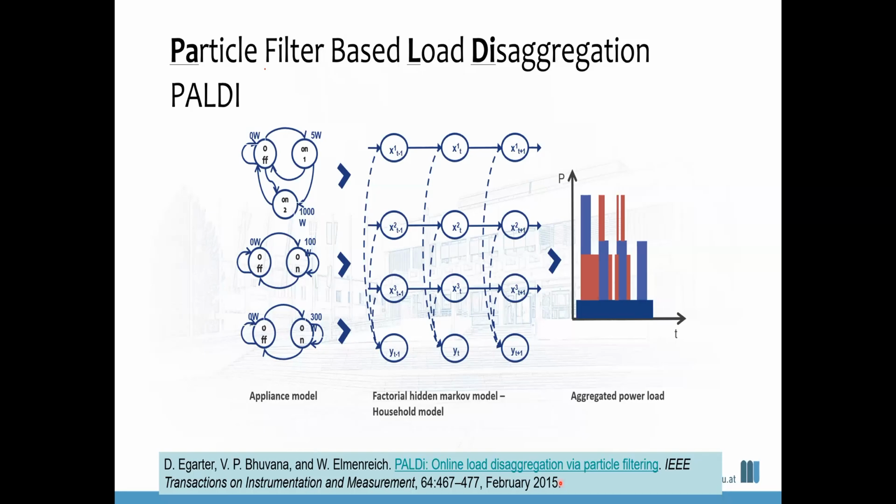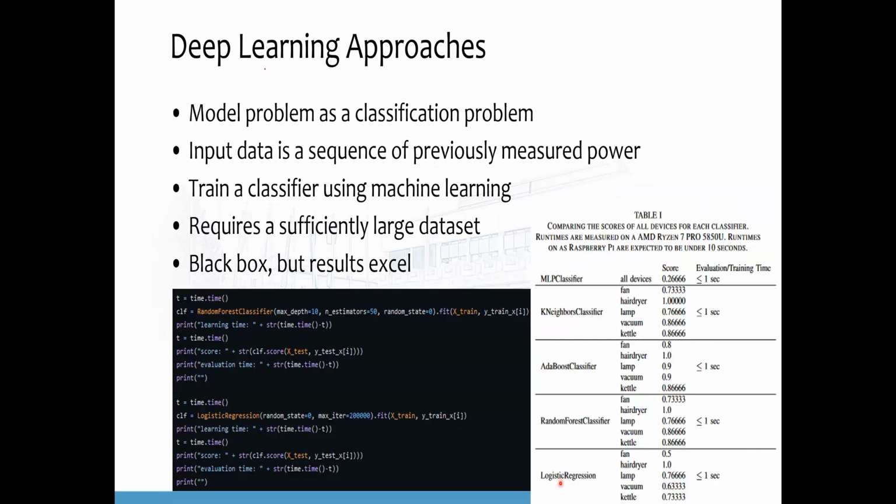In between happened the deep learning approaches. So with a deep learning approach, if you have enough data, we have examples of the smart meter data and information which devices have been on or off. So you need a data set.